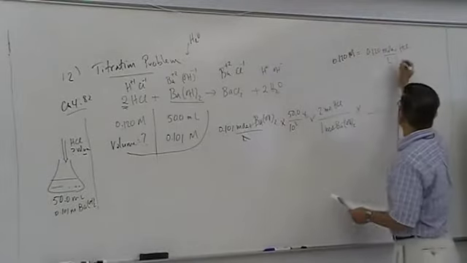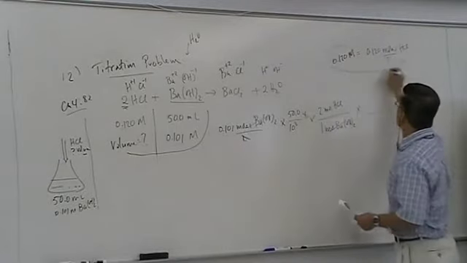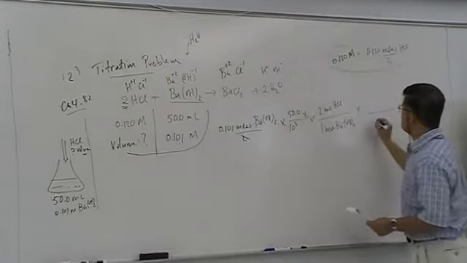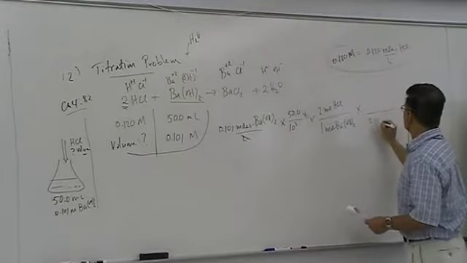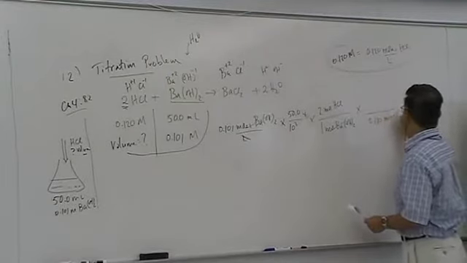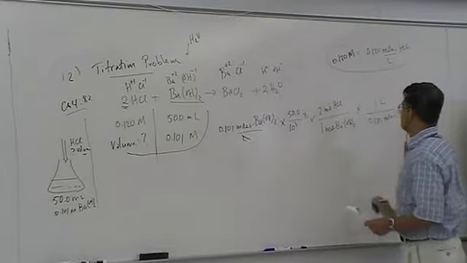Then I'm going to use this information: 0.120 moles of HCl per liter of solution.